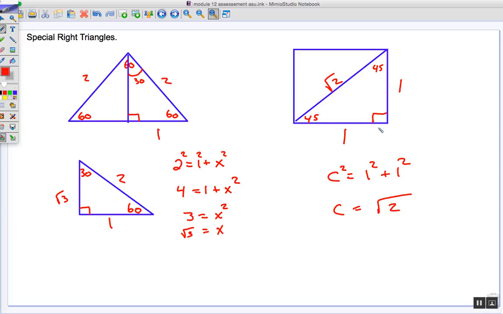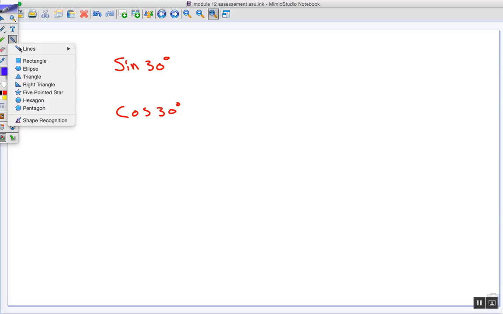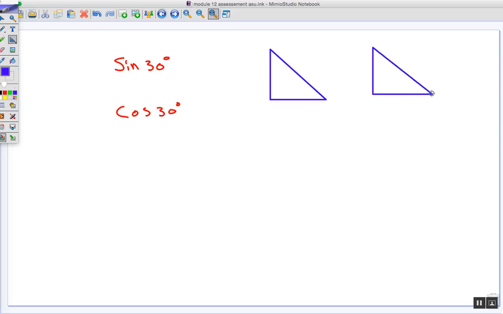All right, so again, we are going to use these to solve for sine, cosine, and tangent of 30, 60, or 45 degrees. So let's look at the sine of 30 degrees, and we'll evaluate the cosine of 30 degrees. So again, let's go ahead and have our right triangles ready to go.